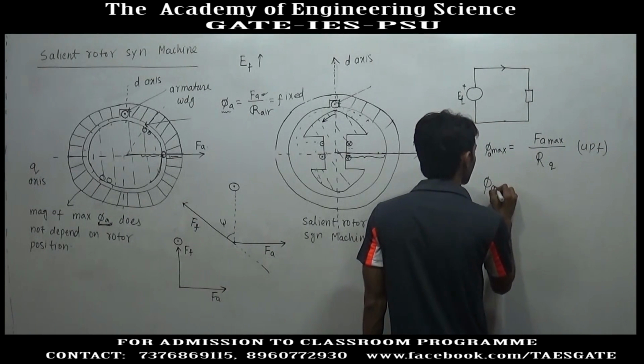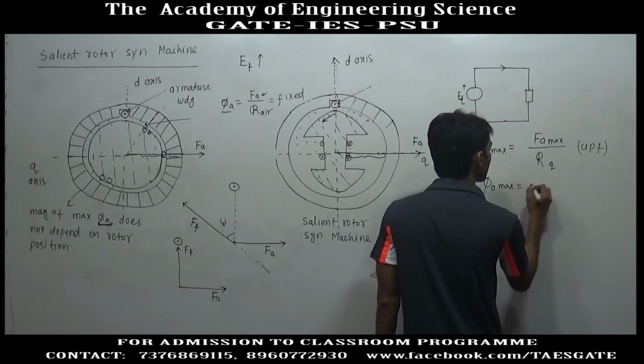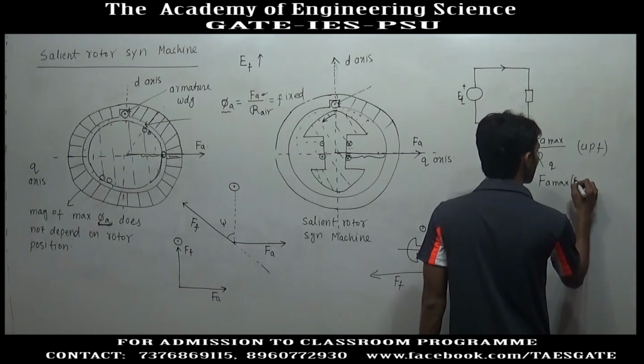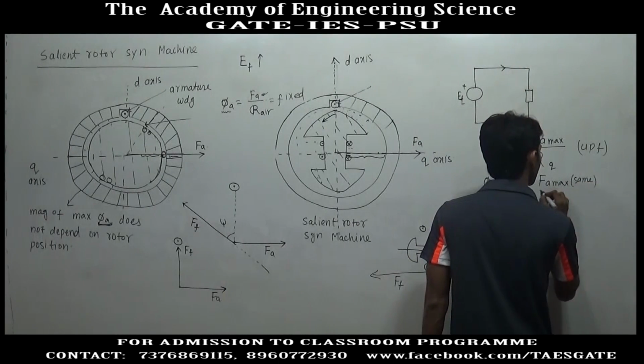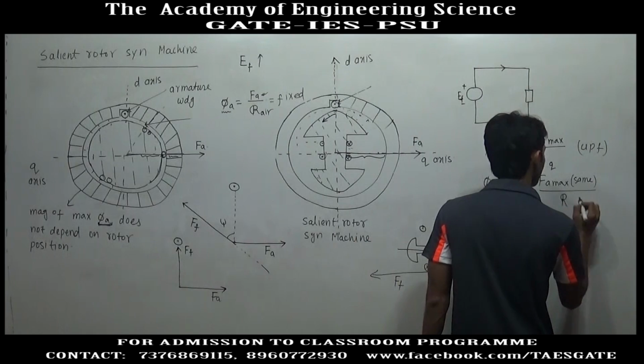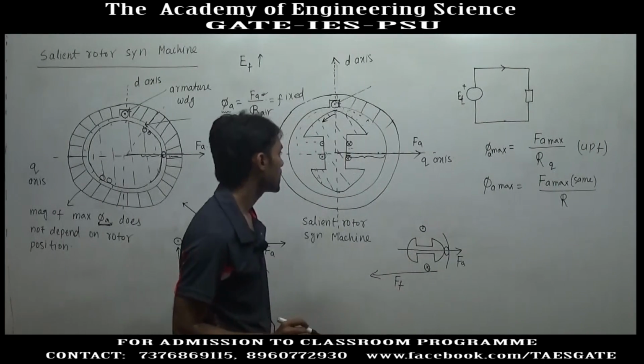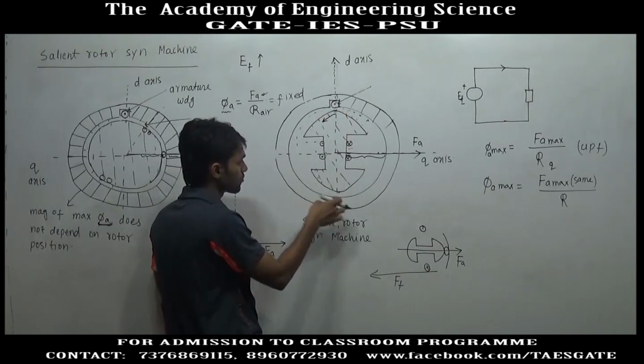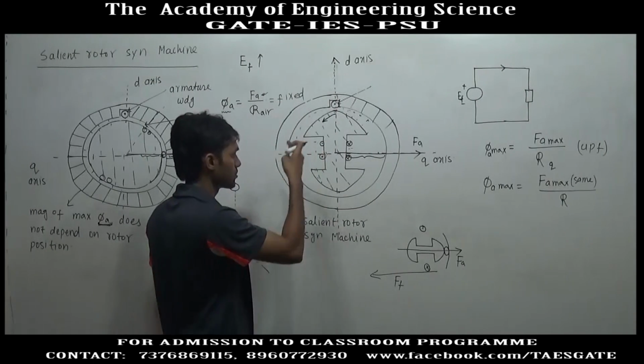And the maximum value of armature flux will be with the same maximum MMF, but now the reluctance will be the D axis reluctance. This is the D axis. If the rotor is rotating, along with the rotor the D axis will also rotate.